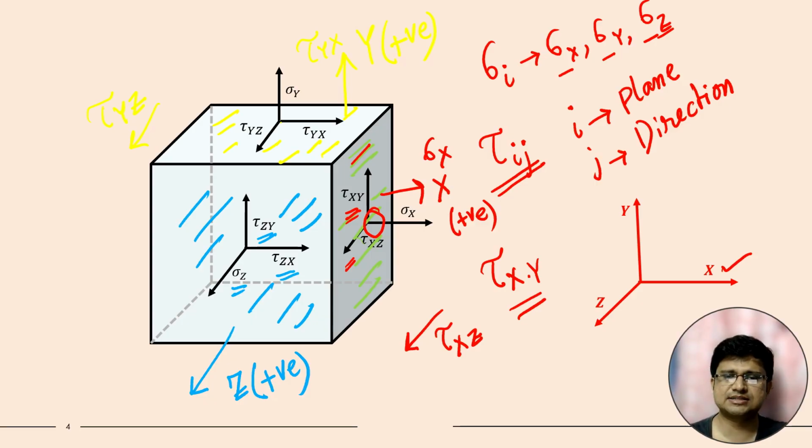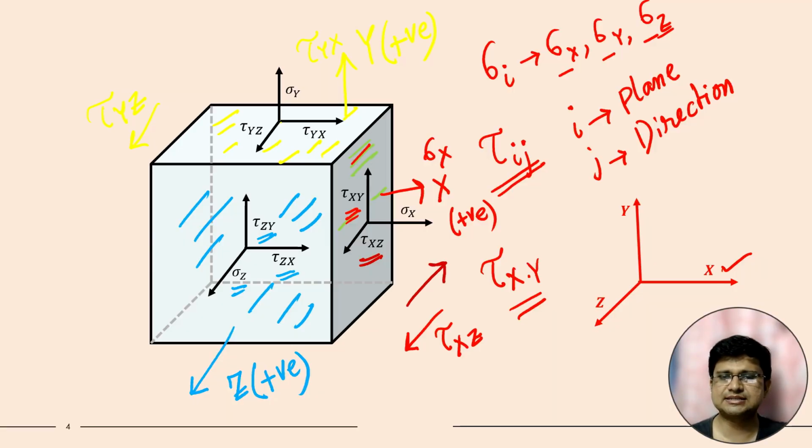Now you can also ask what will happen if the shear stress is not acting along this direction, but in place of it, along this other direction. Like we are saying, what is tau xz? Tau xz is over plane x and acting along positive z direction. So what if the shear stress is acting in the opposite direction?